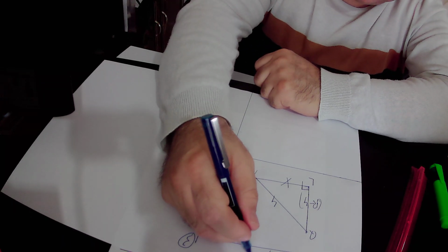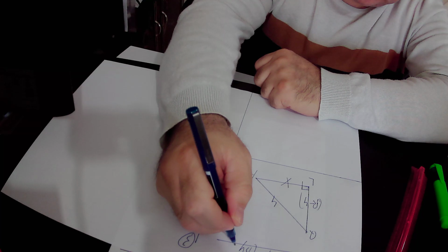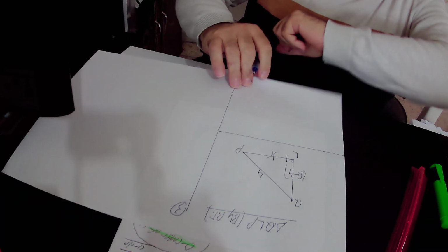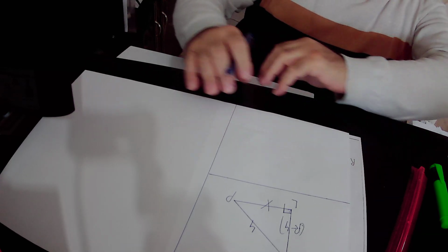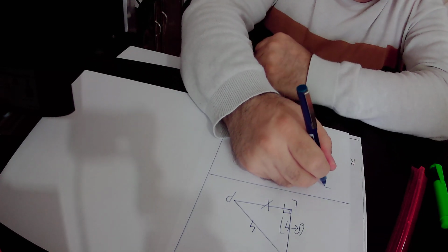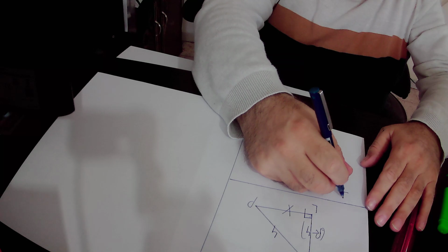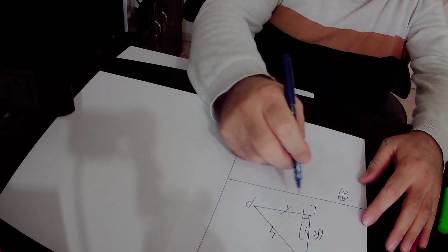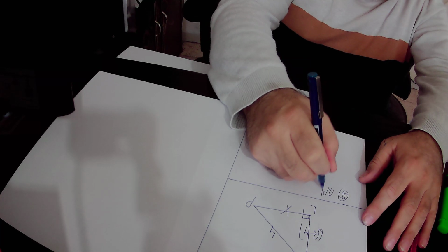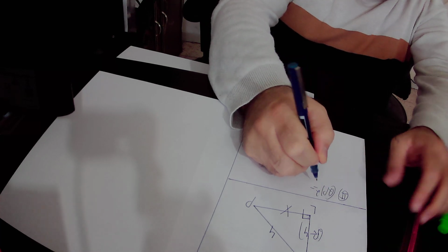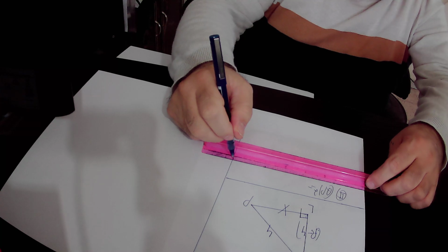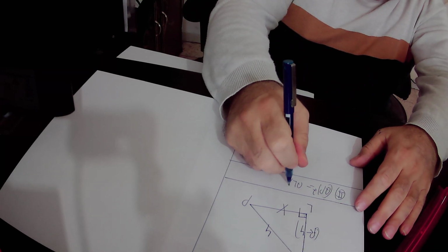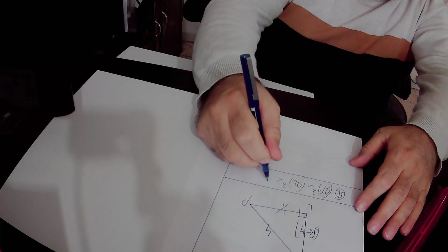Here PT is the abbreviation for Pythagoras theorem. According to the Pythagoras theorem, the square of the hypotenuse equals the sum of the squares of the perpendicular sides. The hypotenuse is QP, therefore the square of the hypotenuse is QP squared, and it must be equal to the sum of the squares of the other sides, that is, QL squared plus LP squared.